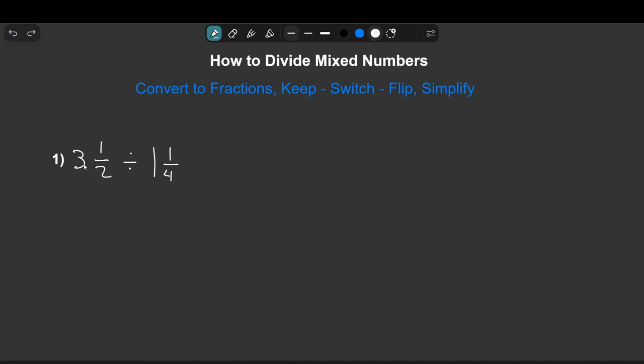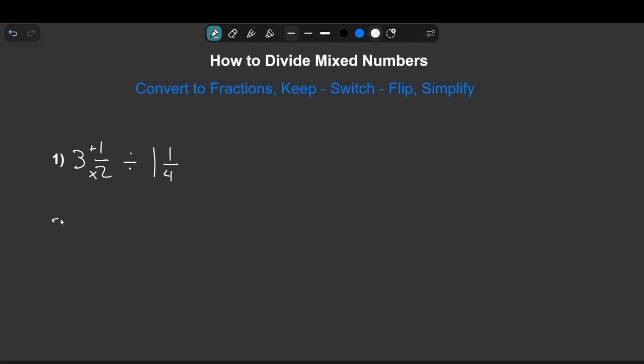So we have 3 1/2. To convert this into an improper fraction, we multiply the 3 and the 2 and add the 1, like this. Of course, we're first starting with multiplication. I have already made videos on why we first start with multiplication, and that's because of the order of operations we use in math.